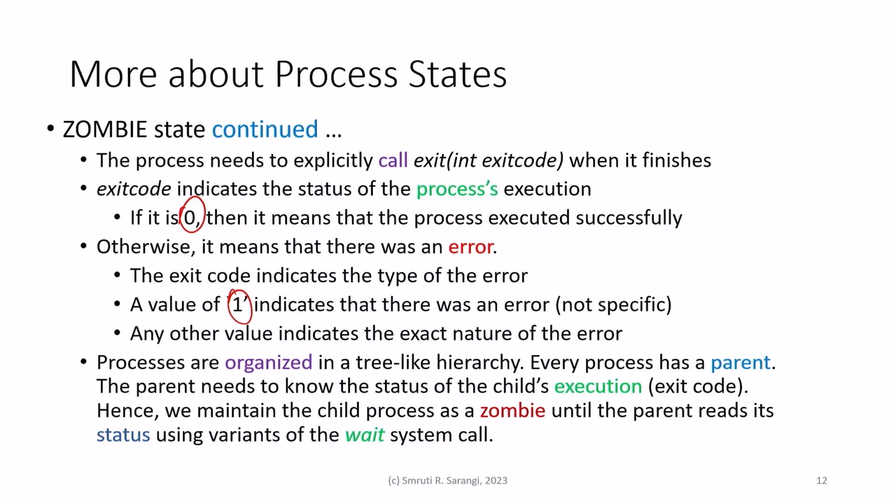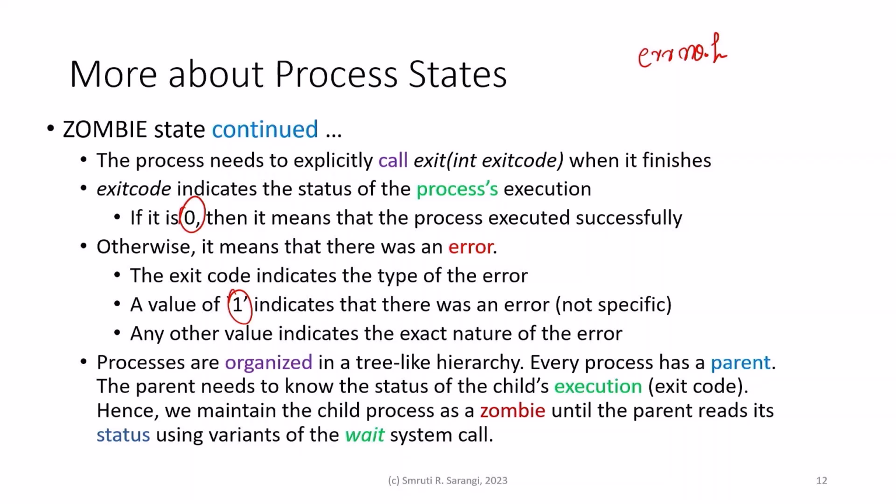For example, if it's 19, then 19 would correspond to some error code. You can look at this file errno.h, which is essentially error number.h, and for a lot of standard calls it is defined that if this is the error value, this is exactly what happened. Some stand for illegal instruction, some stand for illegal memory address, and so on.